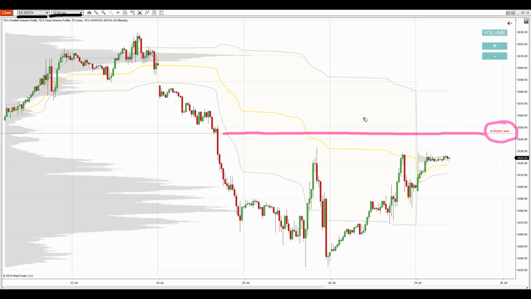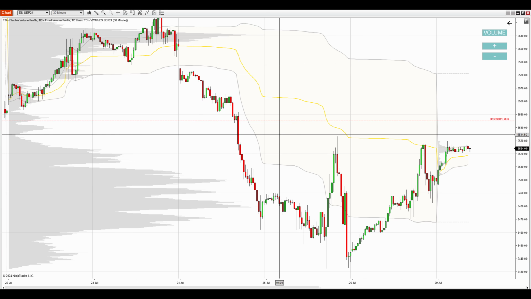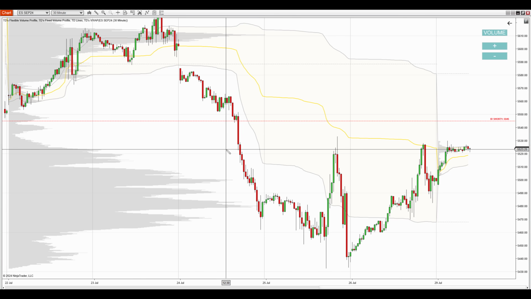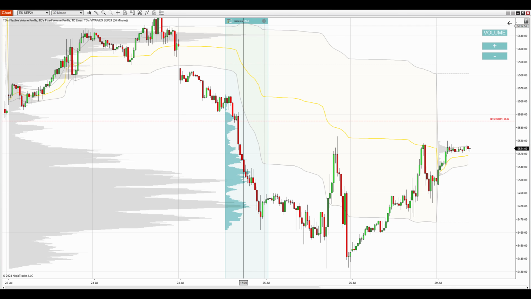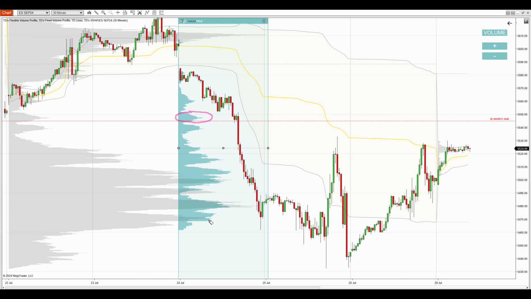The first thing is the volume profile setup, which is within this strong selling activity. If you look at how volumes were distributed here within this selling activity, you can see this volume bump. If you compare it to the other volume bumps on the volume profile, it is not as significant, but it is the combo that makes this volume cluster strong.